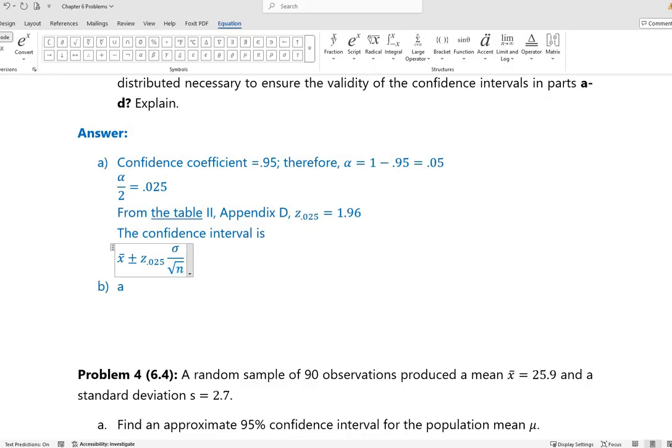Okay, this is the formula. Now let's substitute the numbers.